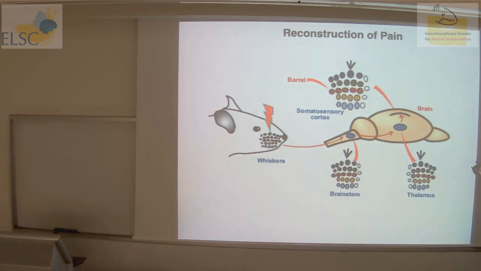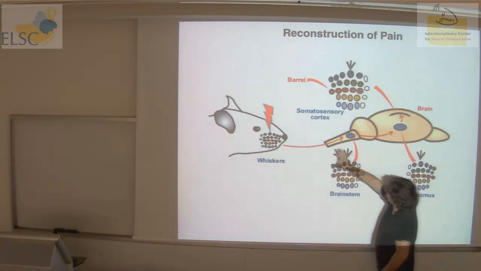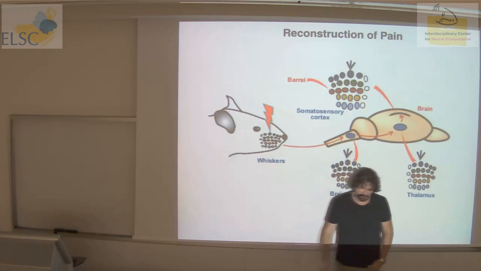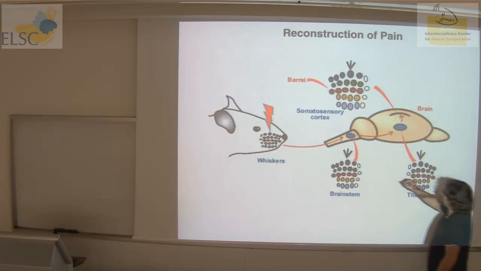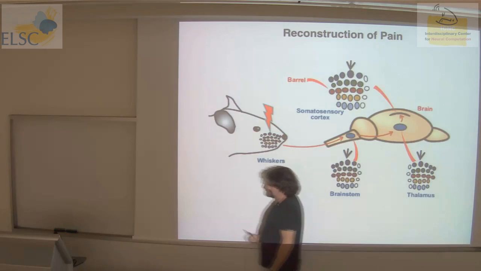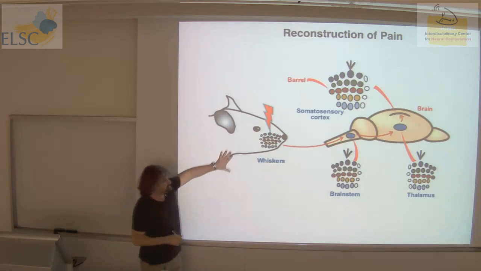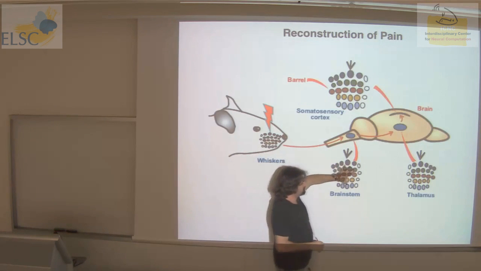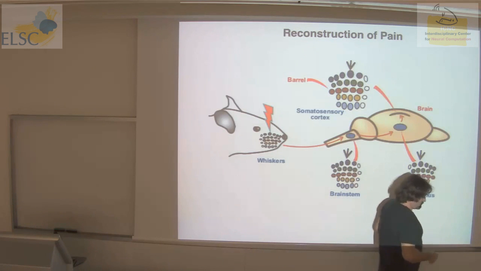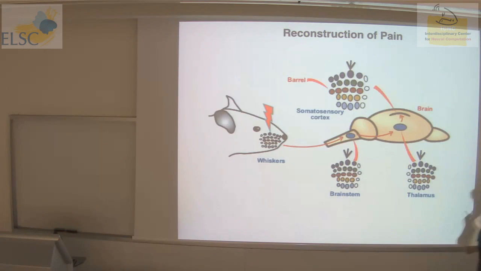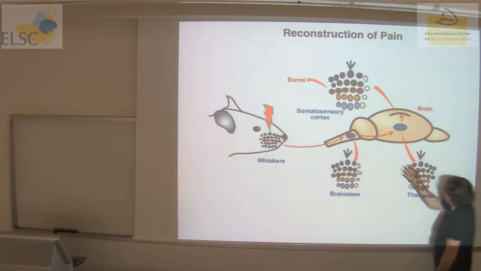And it's exactly the same structure replicated on the face of the animal in the way of the whiskers. And basically, each of these clusters, we call them barrels, is responsible for the information coming from a specific whisker. And this map is recapitulated at each level: in brainstem, where we call them barrelets, in thalamus, and in primary somatosensory cortex.